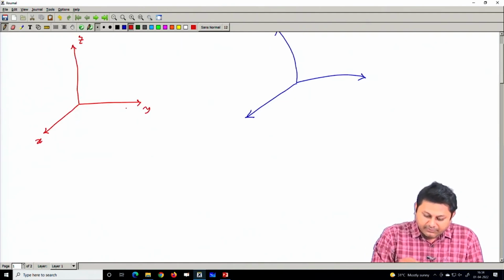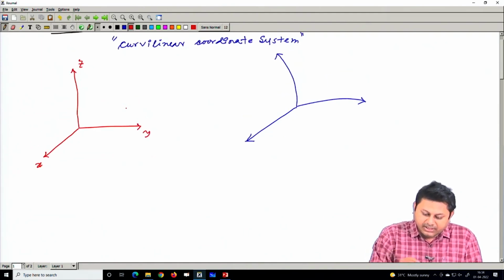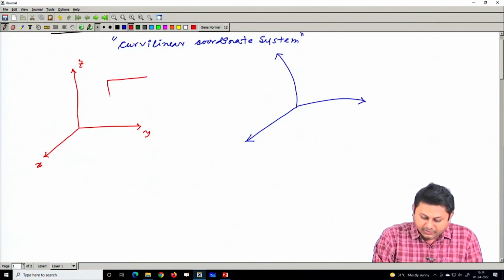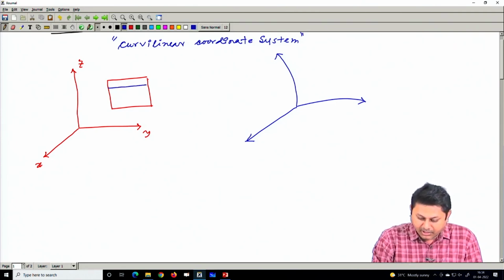If I draw any plane, it is very systematic, and this is a surface element we are having, a flat surface where the coordinates are like this. Each point is a coordinate point.